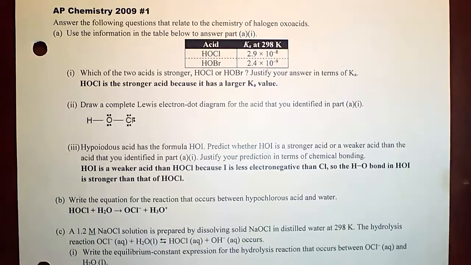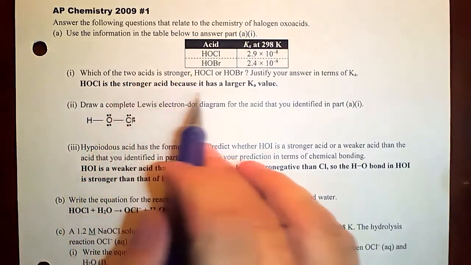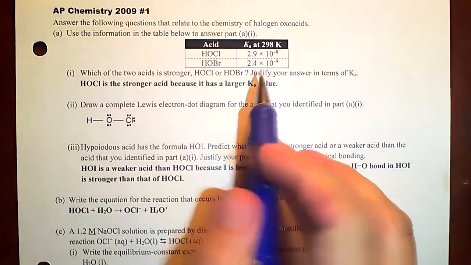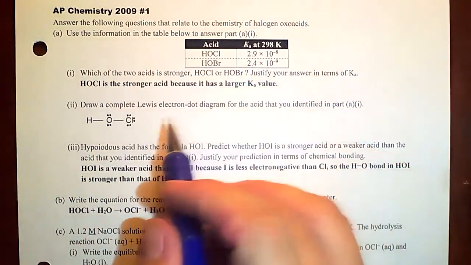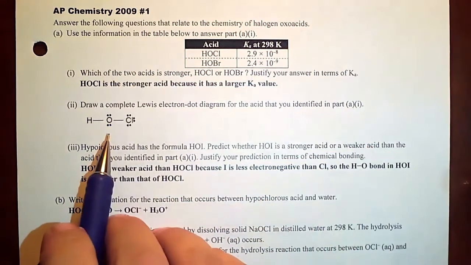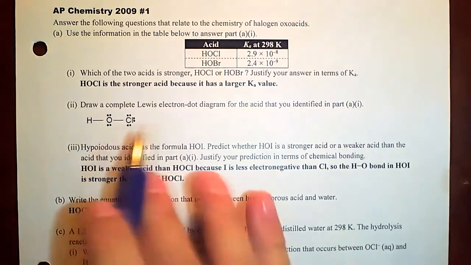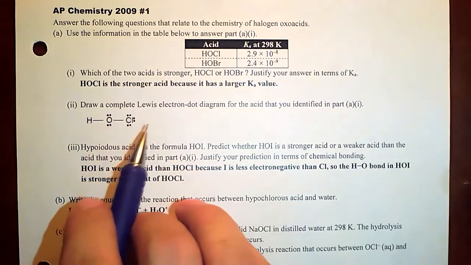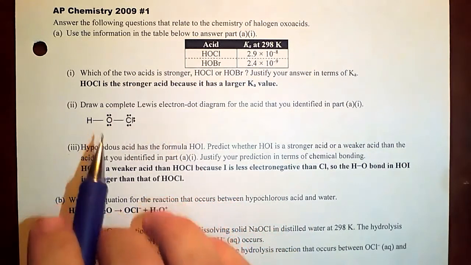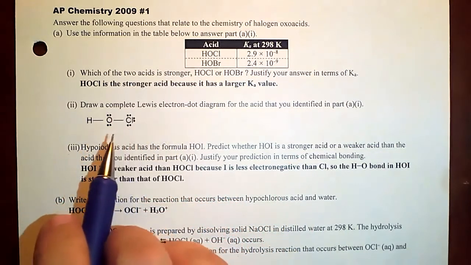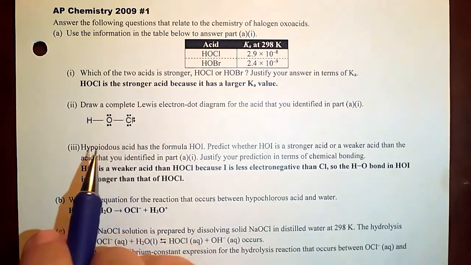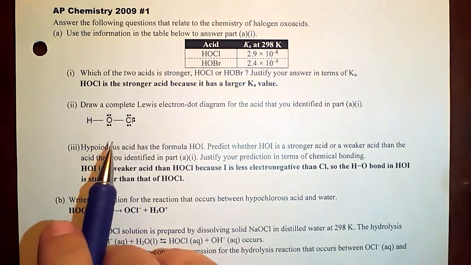On the old AP question, they start off pretty easy because they just ask which is the stronger acid, but they told you the Kas, so the bigger Ka is the better acid by definition. They do think you can do some pretty easy Lewis dot diagrams. They don't get overly complicated and they don't get into resonance structures and stuff like that.